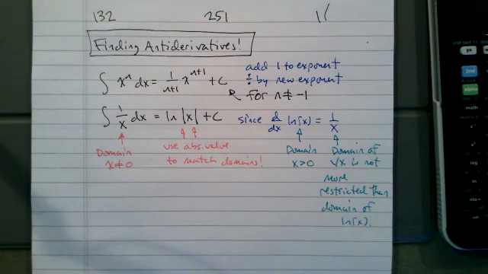So the integral of 1 over x is the natural log of the absolute value of x plus c. The plus c is always going to be present in our indefinite integrals because we've lost a piece of information about the antiderivative when we do the derivative process. So this covers all of our powers of x.